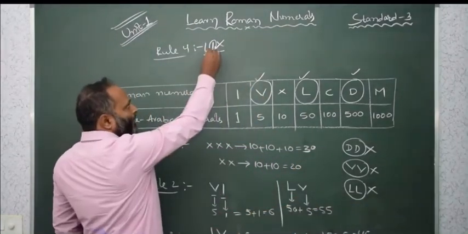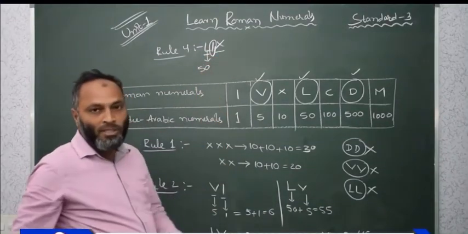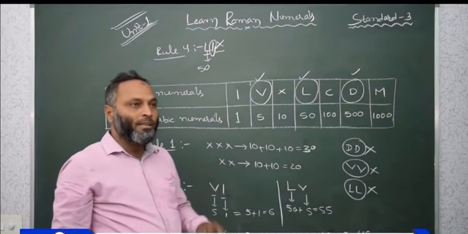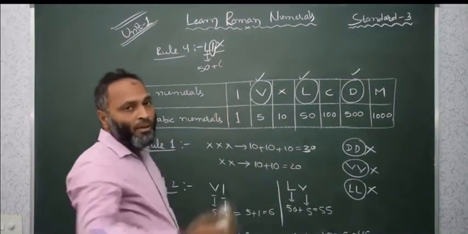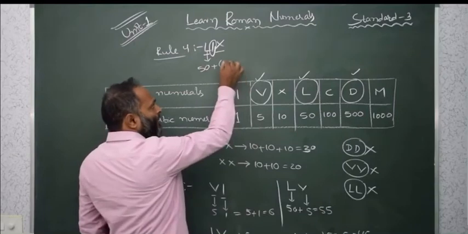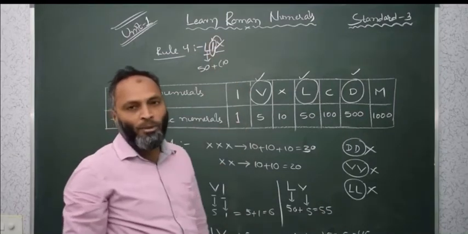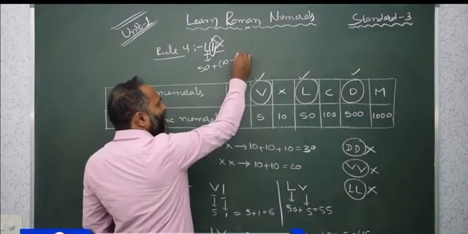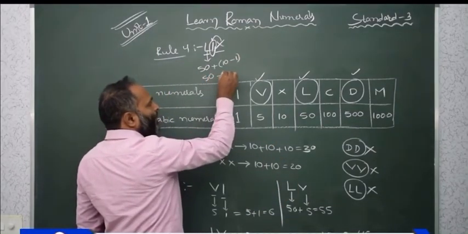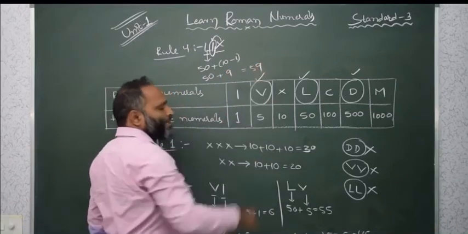We take the first bigger Roman numeral as it is, plus the other bigger Roman numeral, that is 10, and the smaller one is on the left side of it. So we have to make minus: 10 minus 1, 9. 50 plus 9 is equal to 59. This is the answer.